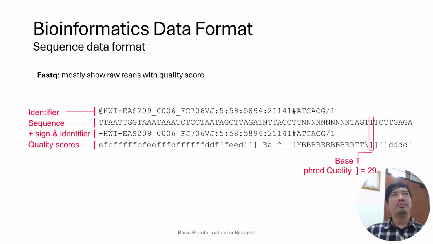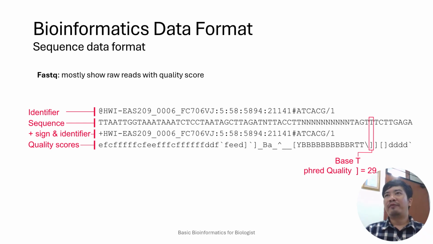FASTQ, to make it easy, is FASTA with quality. It's different from FASTA because FASTA is general. We use it for everything. Every file from primer to chromosome uses FASTA to store the sequence. But FASTQ is mostly used by sequencers.